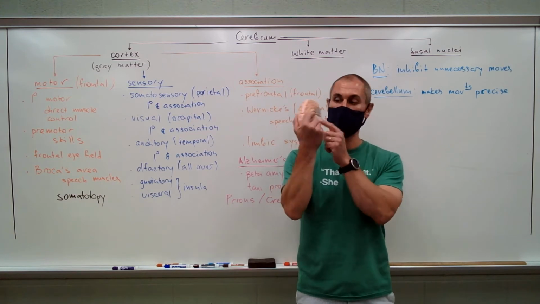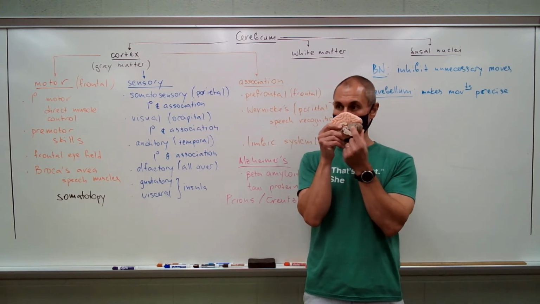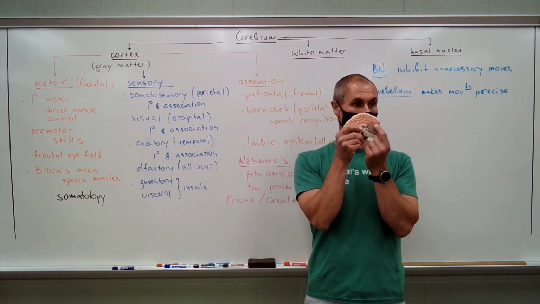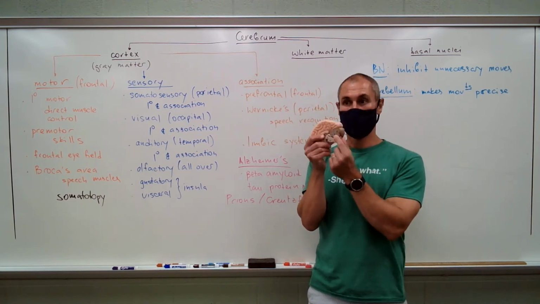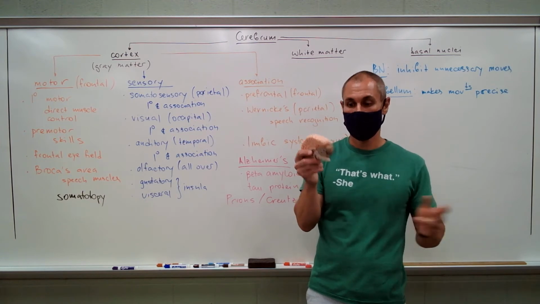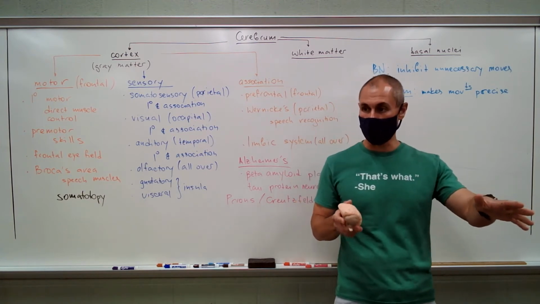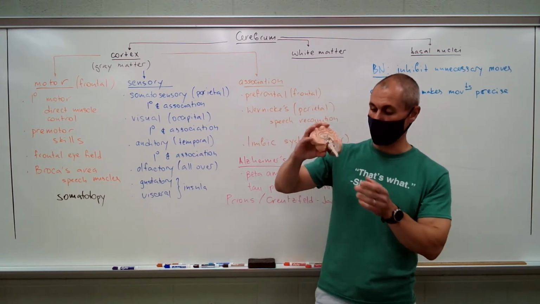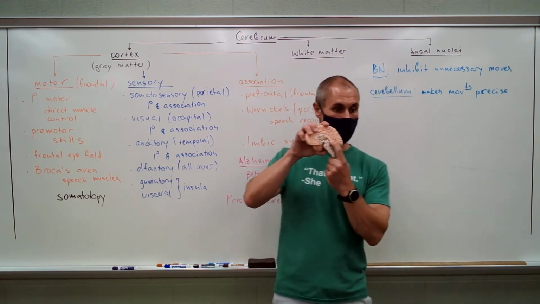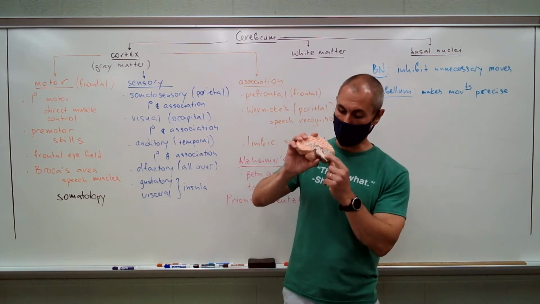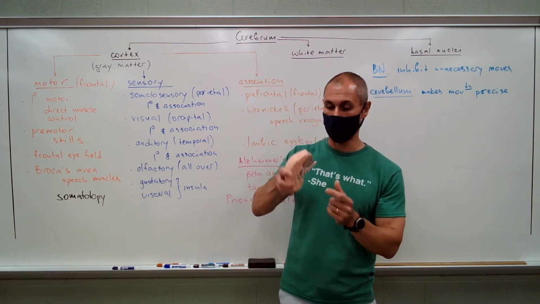Do you see on the models the white stuff within the cerebellum? That's white matter. The gray stuff is gray matter. The anatomy, there's a study guide. So you've got 3 lobes: anterior, posterior, and flocculonodular here at the bottom.